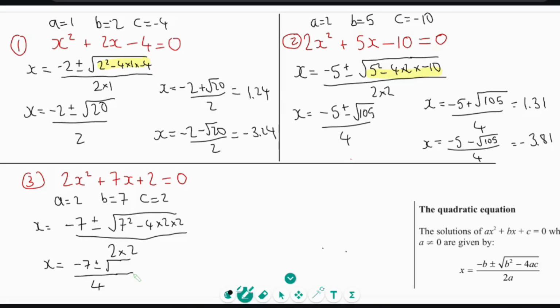Seven squared minus 4 times 2 times 2, 33.